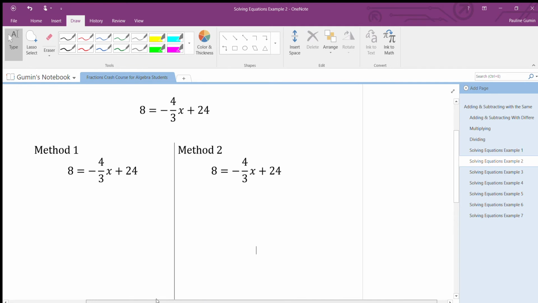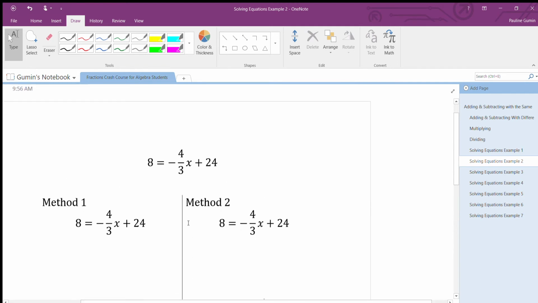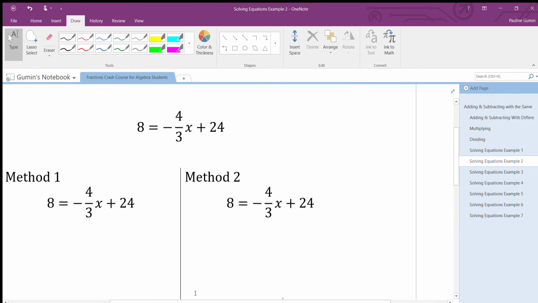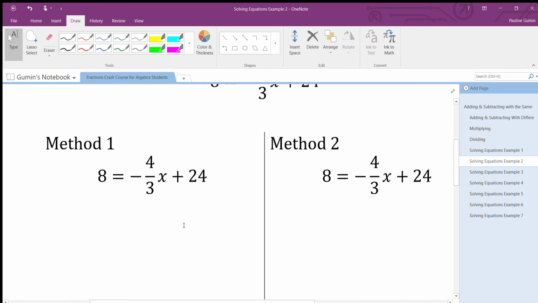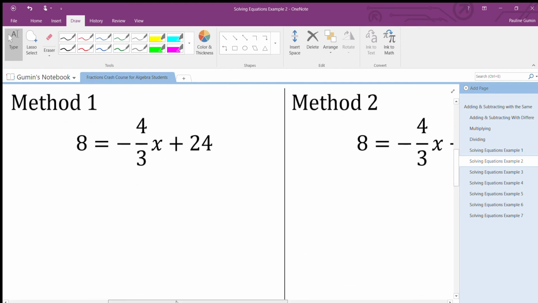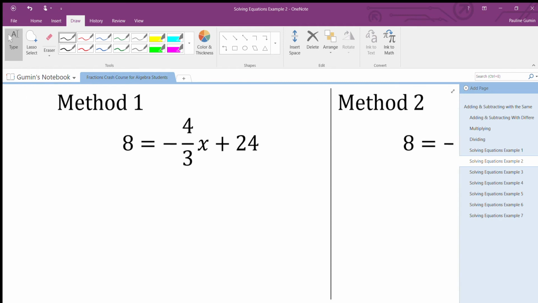Similar, but it does have a negative with the fraction, so I want to emphasize that part. Once again, let's do method 1 traditionally. Method 2 will get rid of the fractions. Okay, so let's begin by subtracting. So we have negative 16 equals negative 4/3 x.